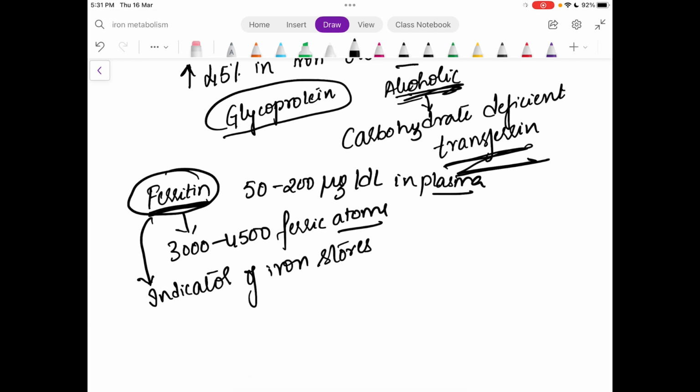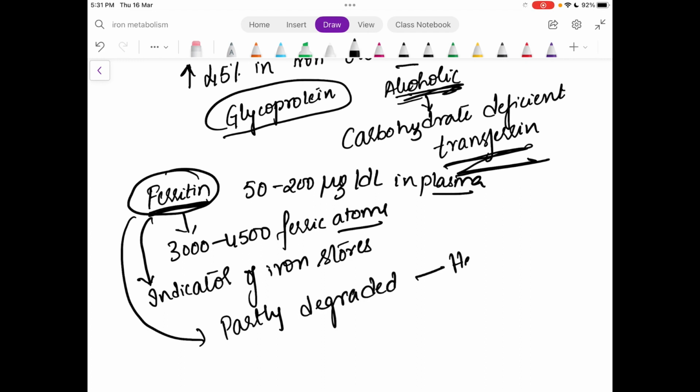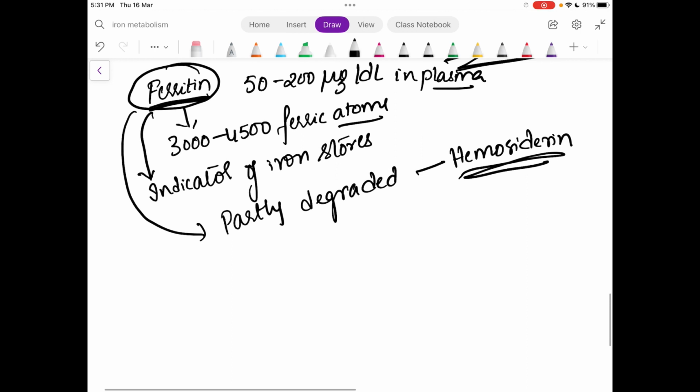Now this ferritin is degraded. If it is partly degraded, then it is called hemosiderin. Collectively this is called hemosiderosis.